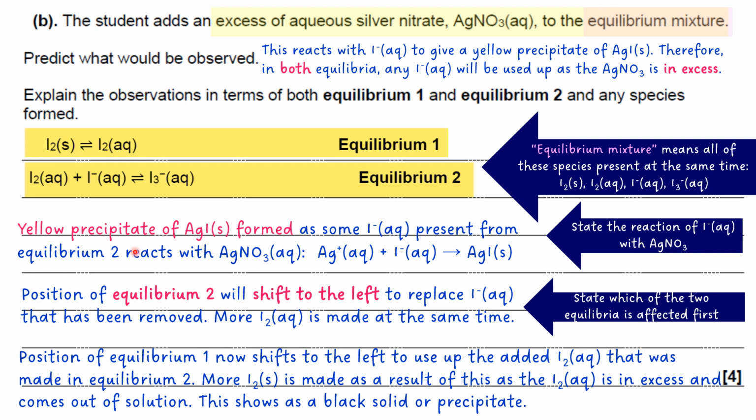So more iodine solid is made because the I2 aqueous is now in excess and comes out of solution. In other words, this shifts to the left. So this shows as a black solid or precipitate. So what I'm doing here is I'm describing the effect on equilibrium 1 plus the observation that I see.